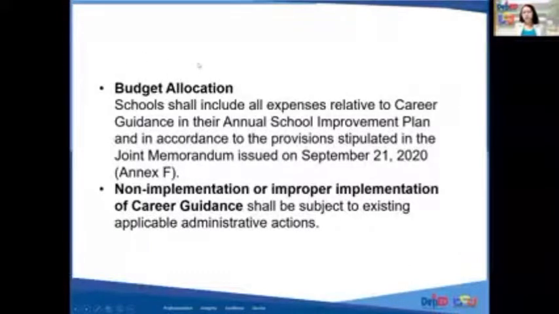And then the budget allocation, schools shall include all expenses relative to career guidance in their annual school improvement plan and in accordance to the provisions stipulated in the joint memorandum issued on September 21, 2020 or the Annex F. Again, ito yung pinanggalingan ng transfer from the Office of Undersecretary Alain Del Pascua to the Office of USEC Diosdado San Antonio, no? So if you have not read Annex F, you can actually access that through this DM, no?